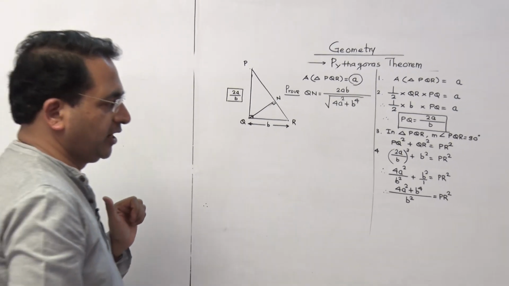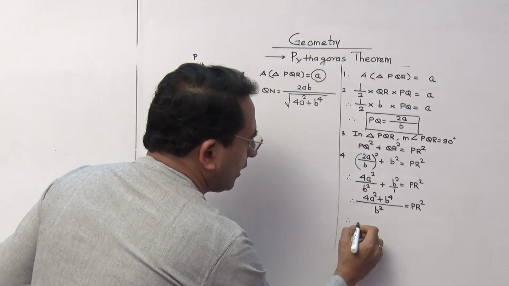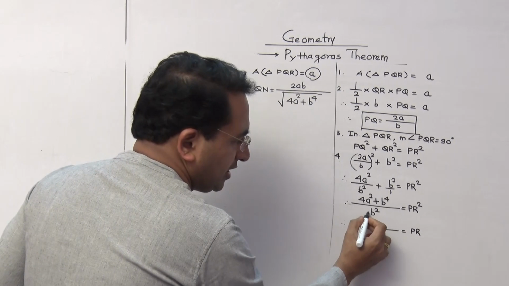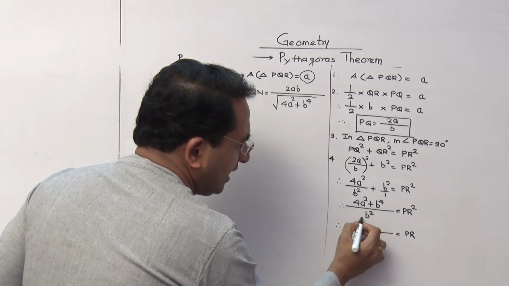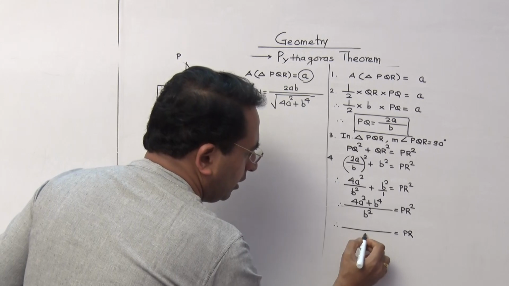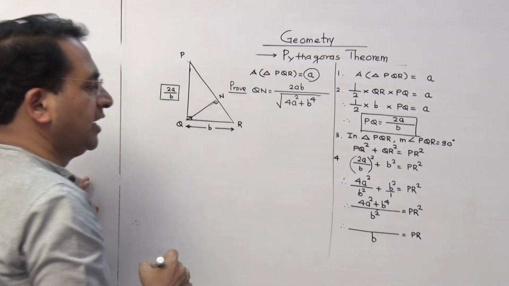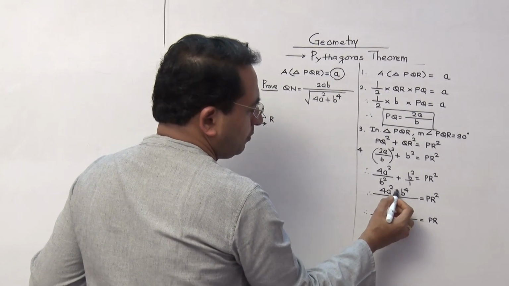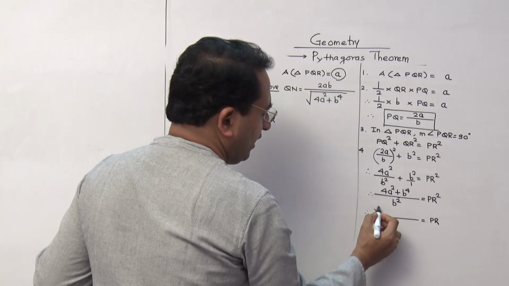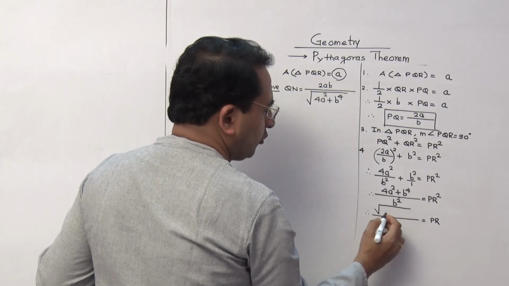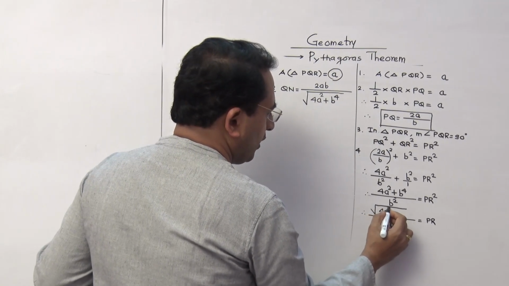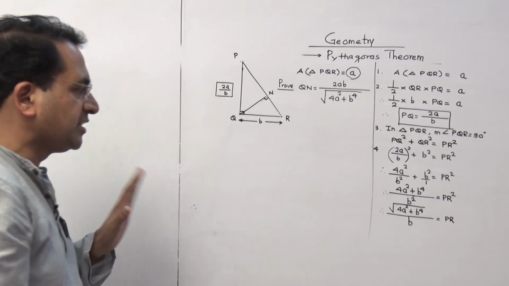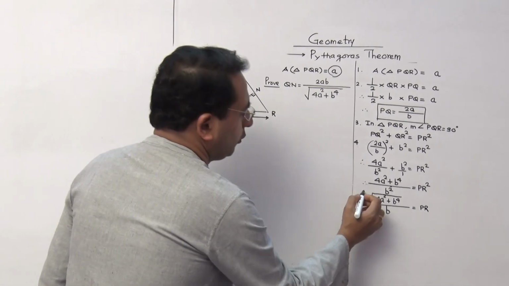These are all perfect squares, but we cannot write the square root sign directly. Here we can take a square root of b square, which is b. Now, even if these are perfect squares, there is a plus sign in between. So we have to write the square root of 4a square plus b raised to 4. See, this is the value of PR you are going to get.